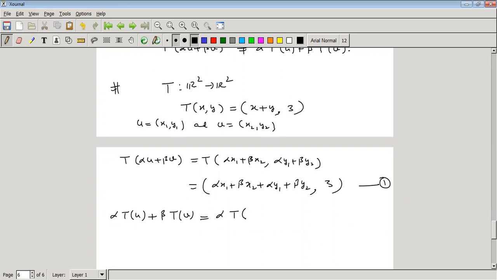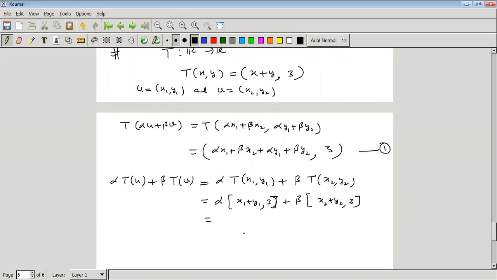Alpha times T of x1, y1 plus beta times T of x2, y2. So alpha times, what is the value of this? This is x1 plus y1, comma 3, plus beta times x2 plus y2, comma 3. Right?